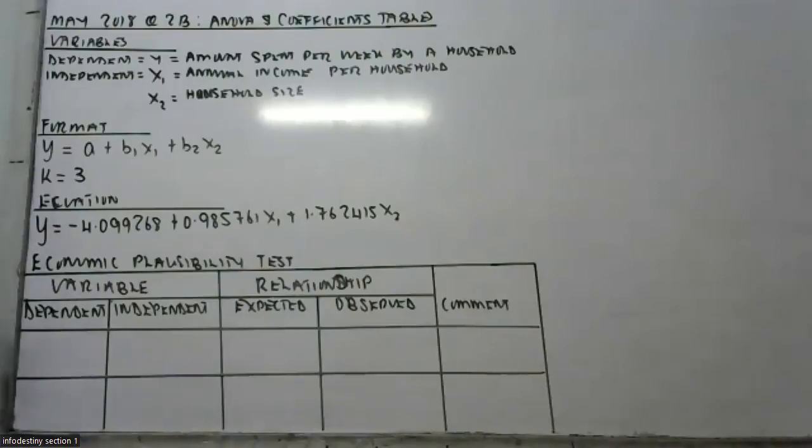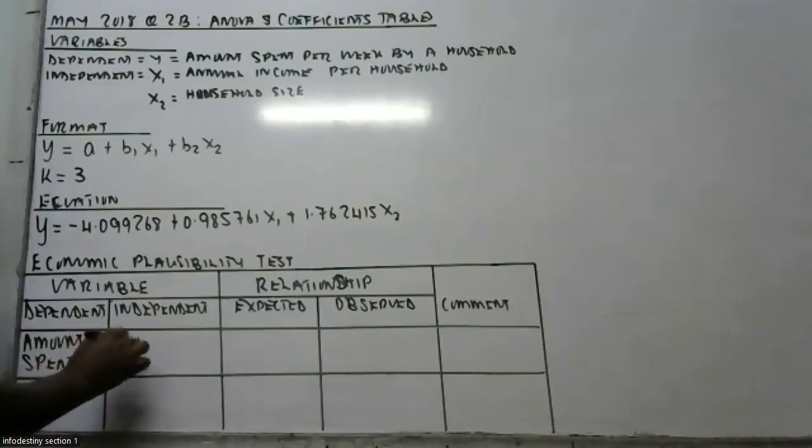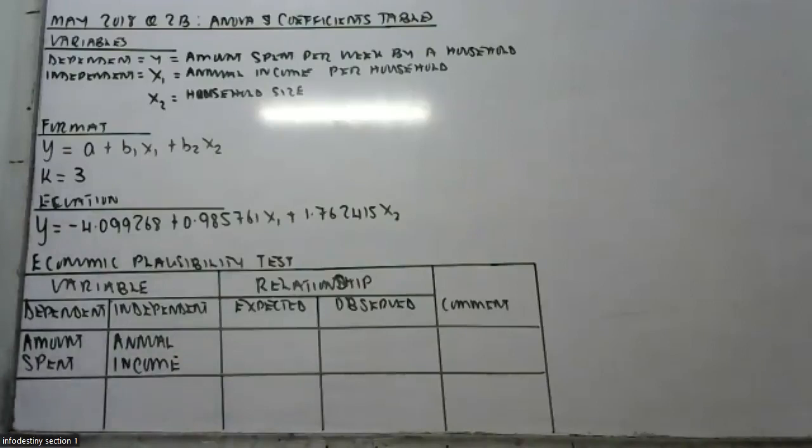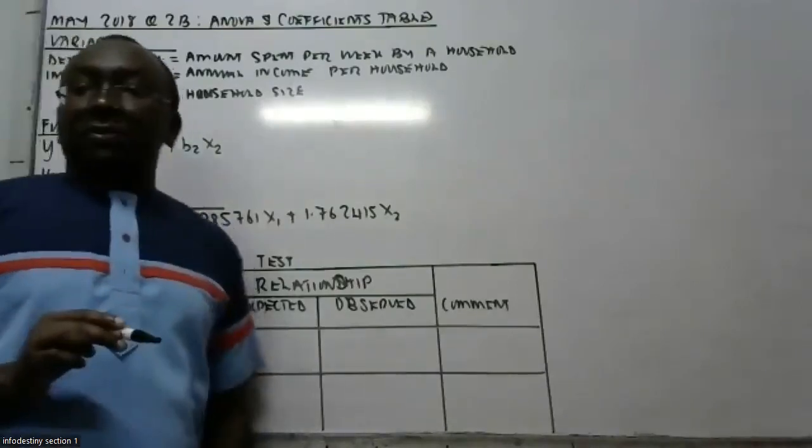So the dependent is amount spent. The independent is annual income. So the expected, remember there are three types of relationships.